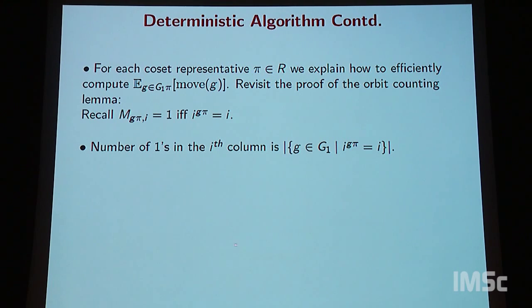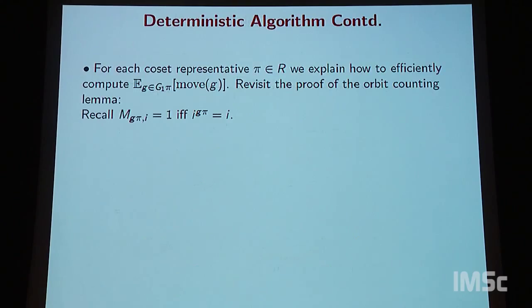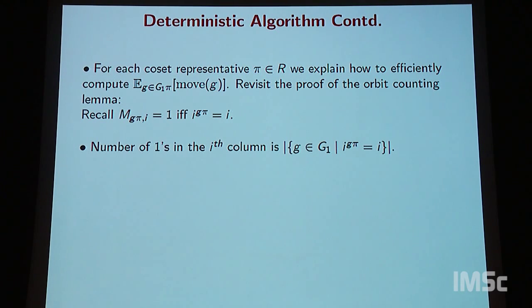Now I want to count the total number of points that are moved here. The number of 1s in the ith column is the number of elements of G sub 1 such that G pi fixes i.